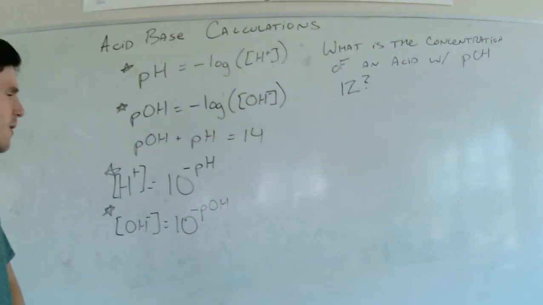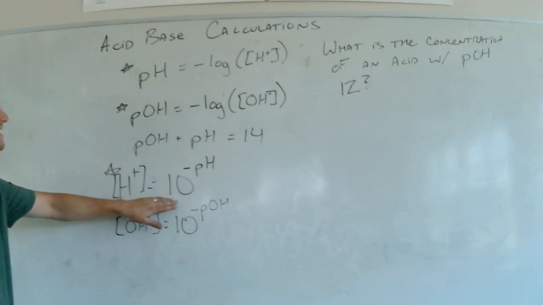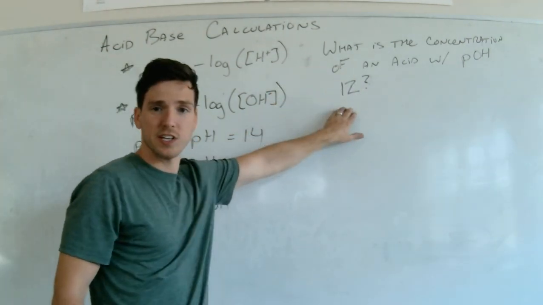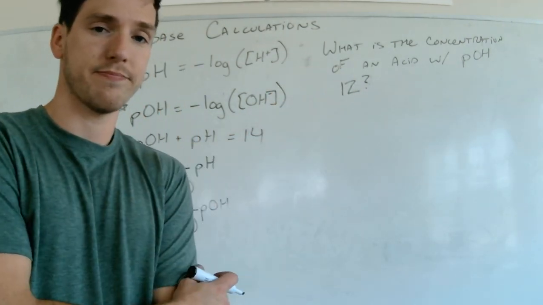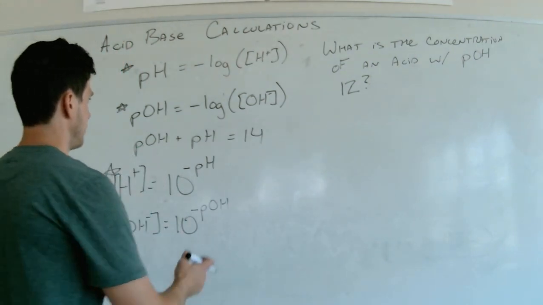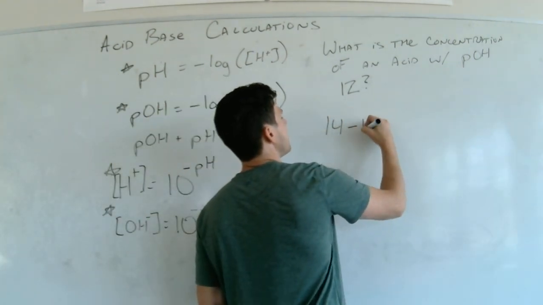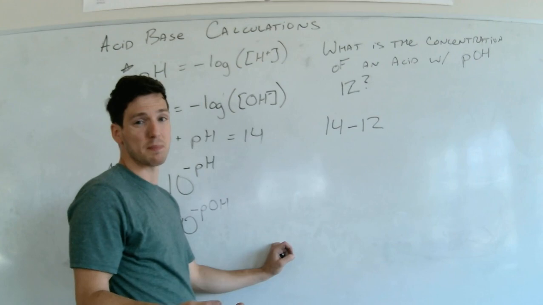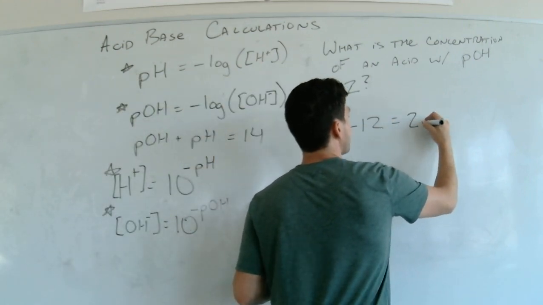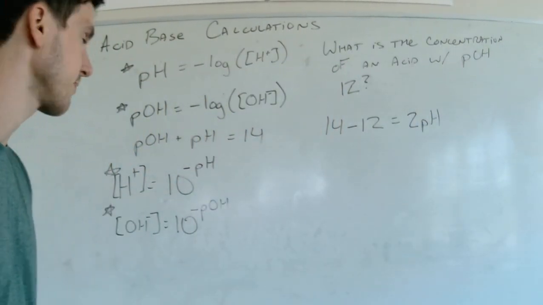Well, let's look. If I want concentration of the acid, which is this guy, H+, I'm going to need to take 10 to the negative pH. Well, I'm a jerk, and I gave you pOH. We need pH. How are we going to do that? Well, using this middle equation, if I take 14 minus my pOH, it's going to give me my pH. So my pOH is 12, and my pH is 2.